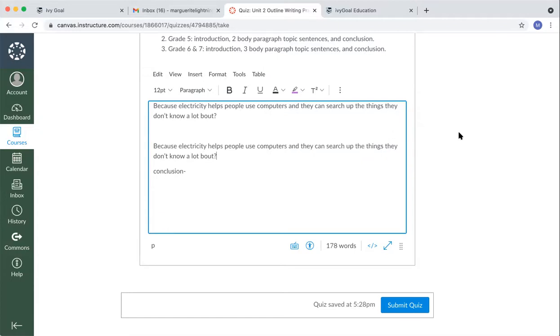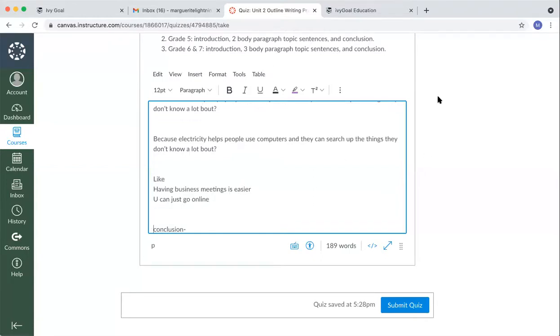Okay, good. I spelled that wrong. That's okay, honey. So computers need electricity, yes. Electricity has changed people's lives.